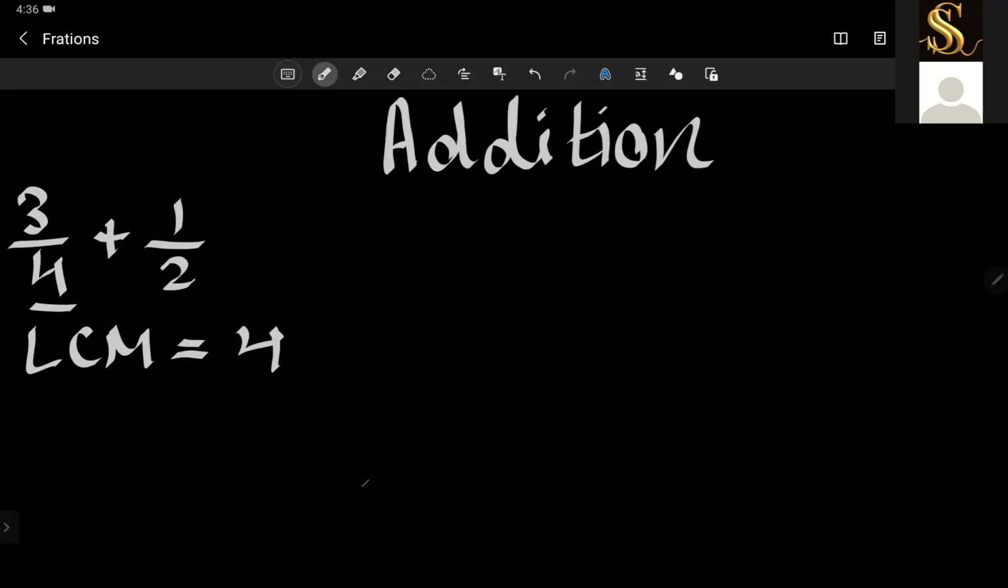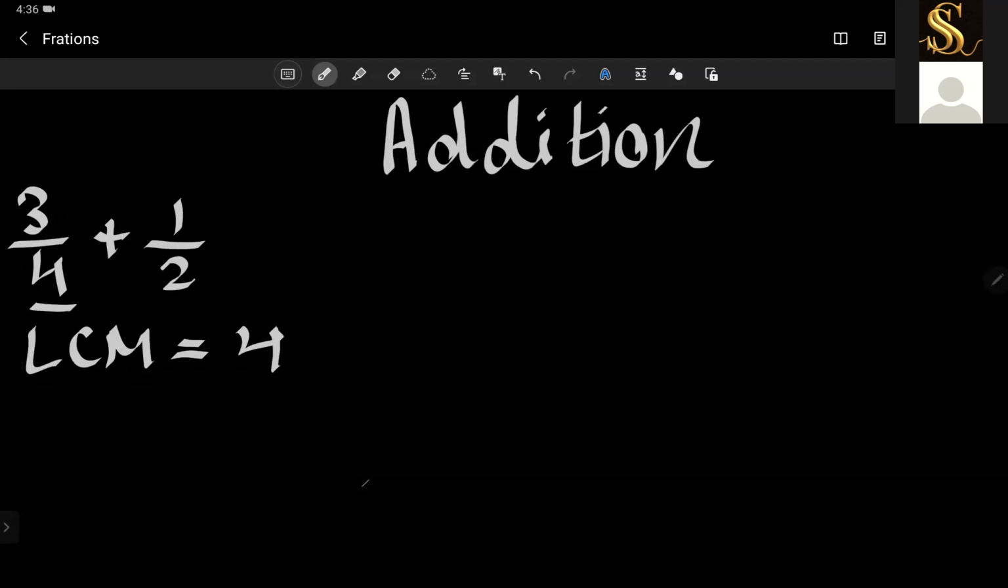So here 3 upon 4 stays the same as the denominator is the LCM only. Plus, put this in the bracket, 1 upon 2 into how much gives you the LCM. In my case, it will be 2. So multiply both the denominator and numerator with the number.